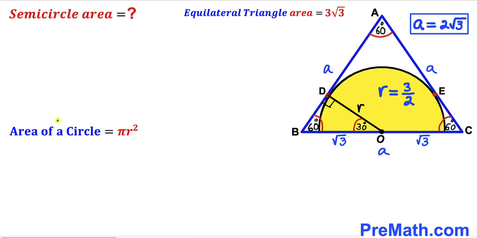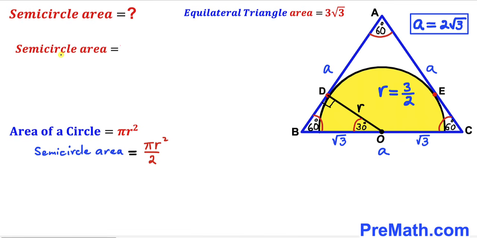And now let's recall the area of a circle formula. Area is always equal to pi times r square, where lowercase r is the radius. And since we are dealing with this semicircle, the area of the semicircle is going to be pi r square, and we are going to divide this one by 2. So therefore the area of this yellow semicircle is going to be pi divided by 2 times the radius of this semicircle, 3 divided by 2, whole square.